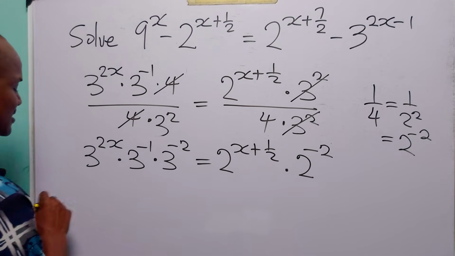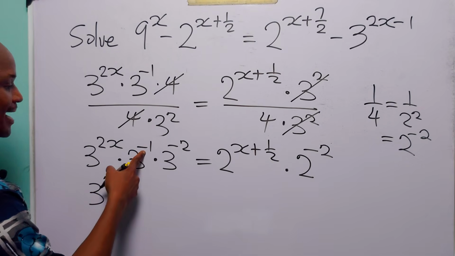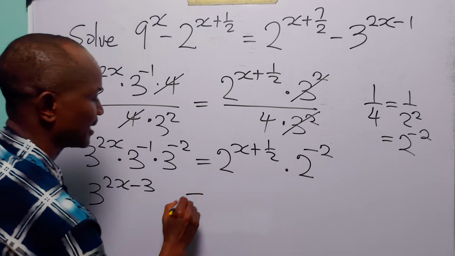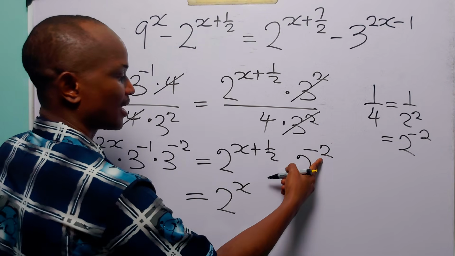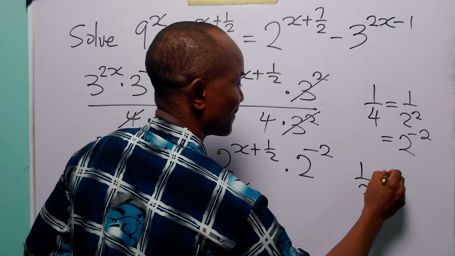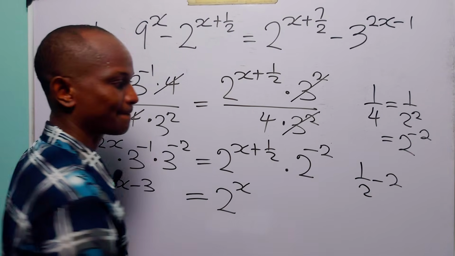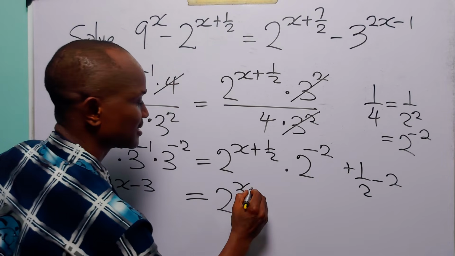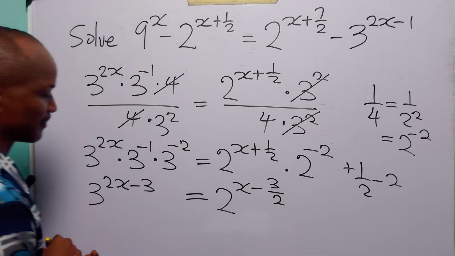Now, combining all this, we have 3 to the power 2x minus 1 minus 2 is minus 3. And here we have 2 to the power x. We have half minus 2. 2 times minus 2 is minus 4. Minus 4 plus 1 is minus 3. So this is minus 3 over 2.